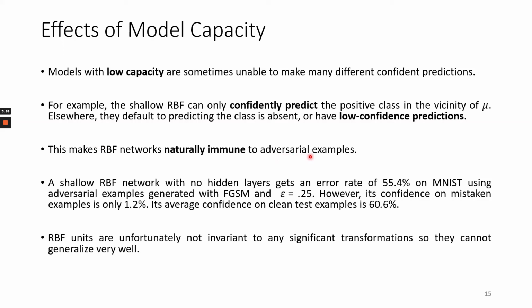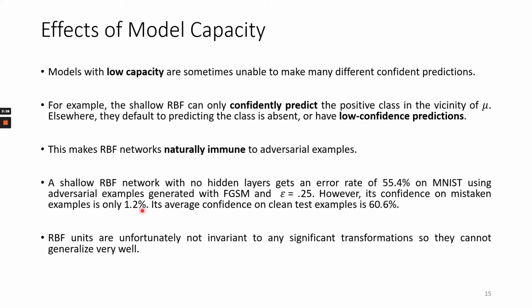An example experiment run by the authors on the MNIST dataset showed that when an RBF network with no hidden layers was used, an error rate of 55.4% was given using the adversarial examples generated by FGSM. However, the confidence of these examples, or the confidence of the answer, was only 1.2%, which is almost negligible.